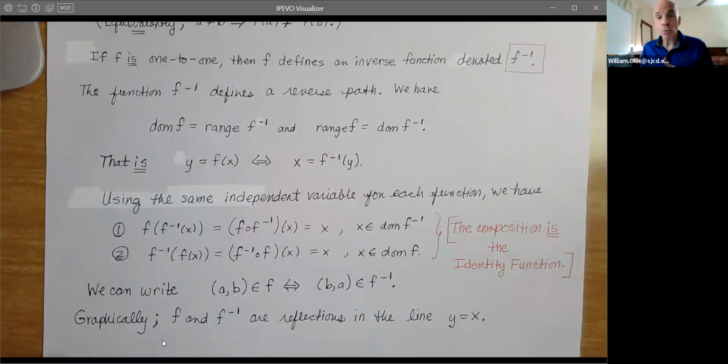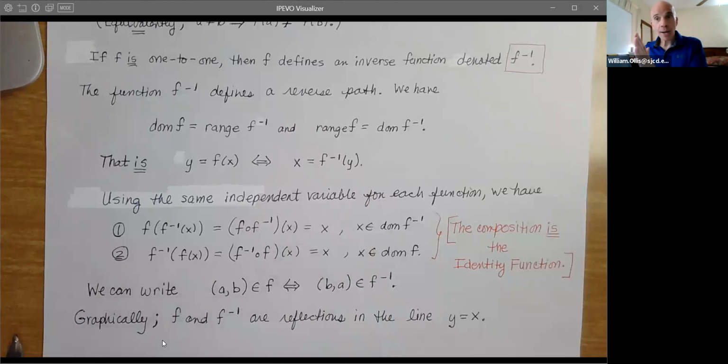That is, the line Y equals X becomes a symmetry axis, like the Y axis being a symmetry axis for an even function. So this again tells us it is convenient to use the same independent variable here so we can see this symmetry in action, so to speak. So I don't want you to think that we're just being sloppy. The idea is every 1-to-1 function implicitly defines a reverse path.